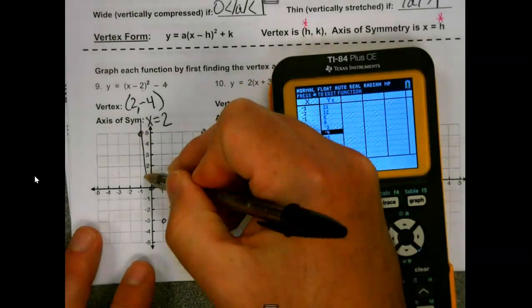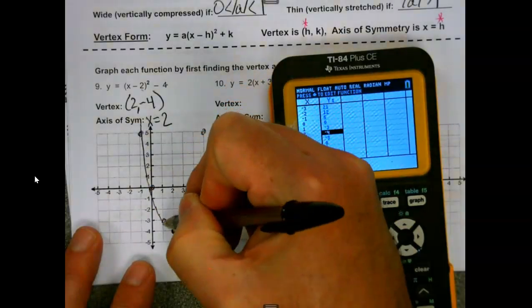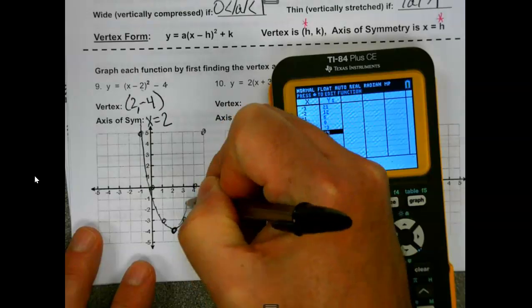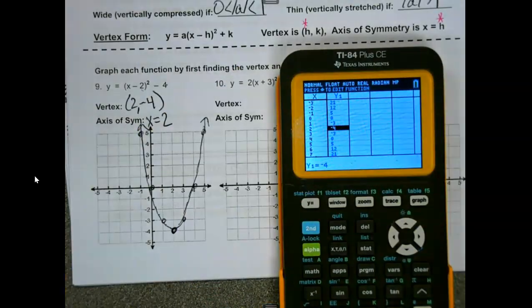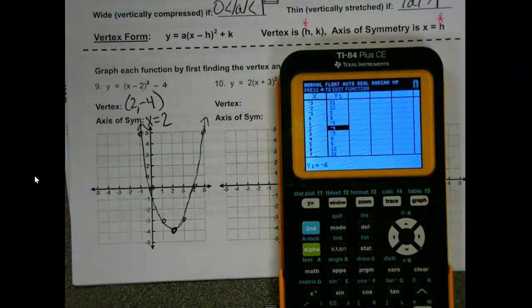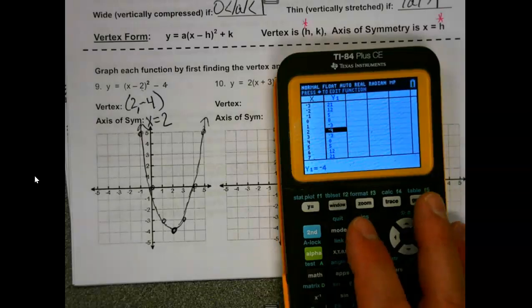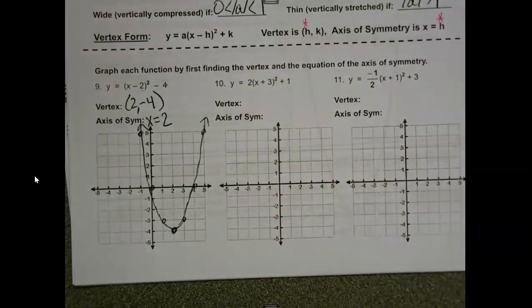And again, these are parabolas, not absolute values, so we're trying our best to at least give them some curve. That'd be nice. That's it for now, because I haven't shown you the pattern yet. But I will after we do number 10.